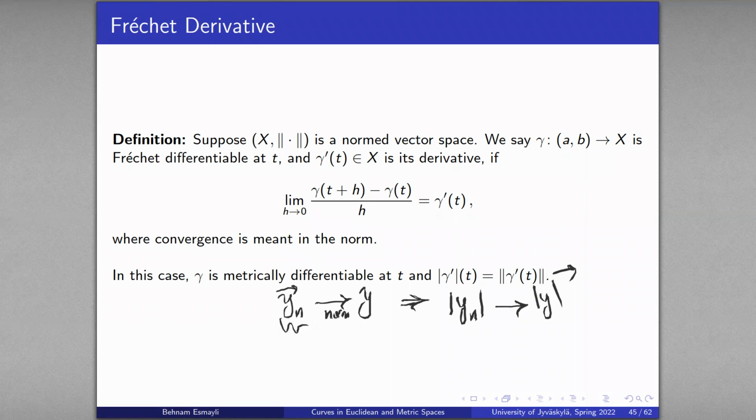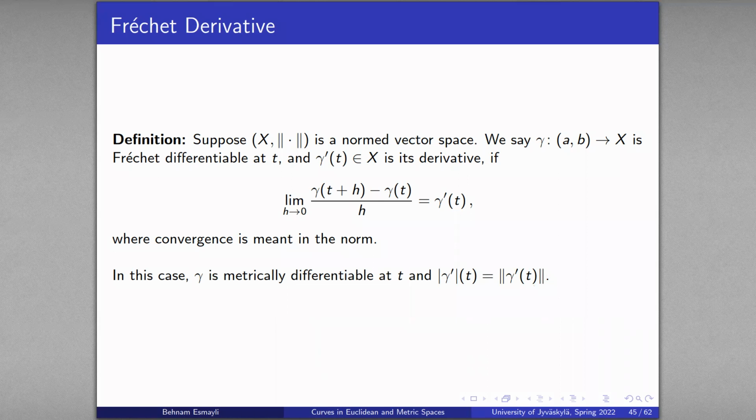So these are vectors in the vector space, these are real numbers, and this implies that. Of course, the reverse is not true, even for a vector space as simple as R^1, the real line, because for the sequence of plus minus ones, their absolute values converge, but of course, plus minus 1 does not converge to anything.